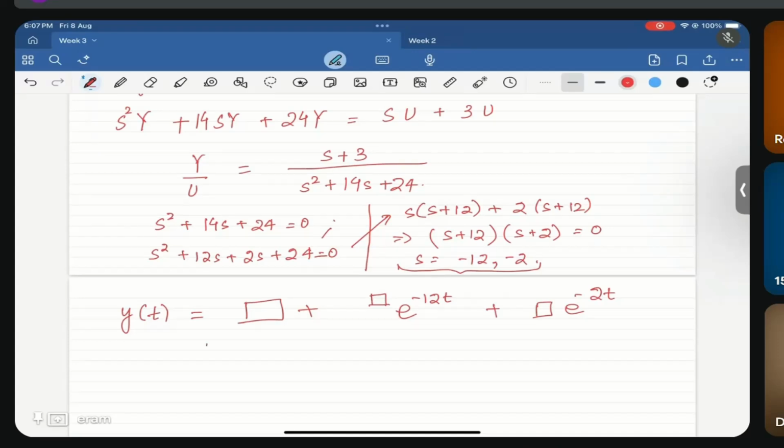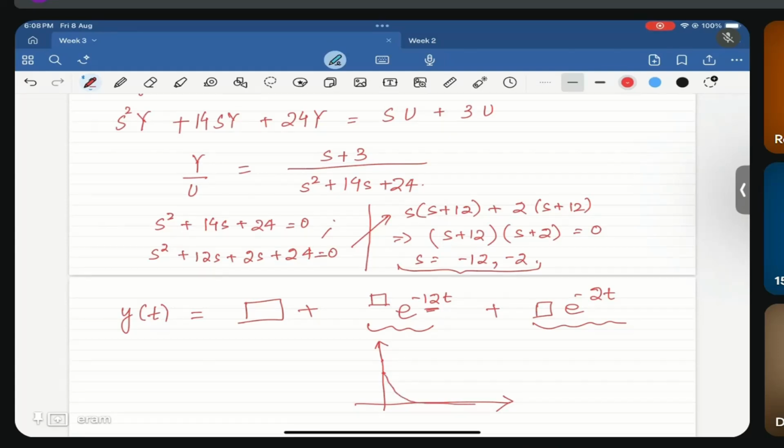Now as t increases from some initial time, which one of these will go to 0 faster? Can you identify? If I plot e to the power minus 12t, it will start at some value, and with rate 12 it will converge to 0.